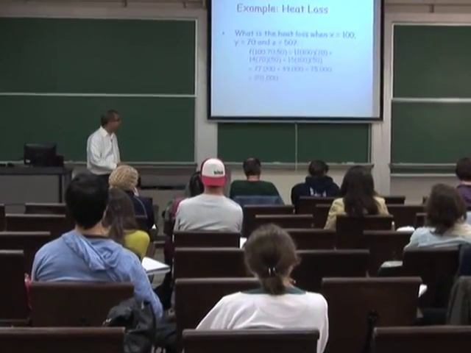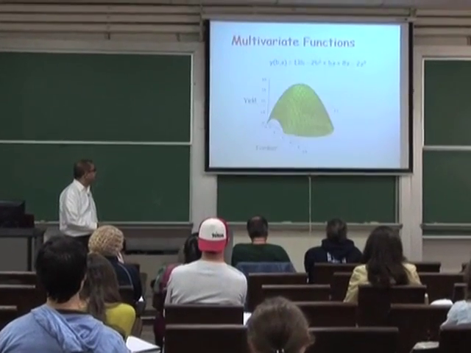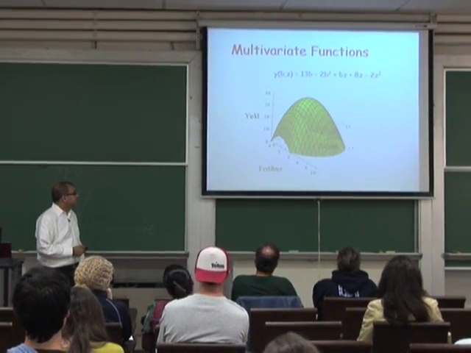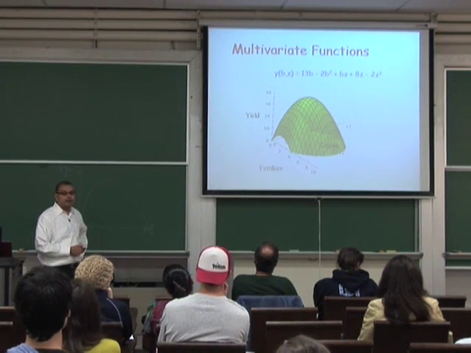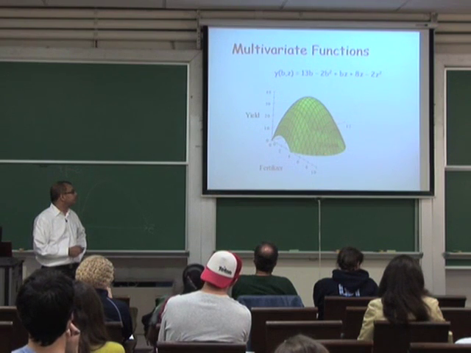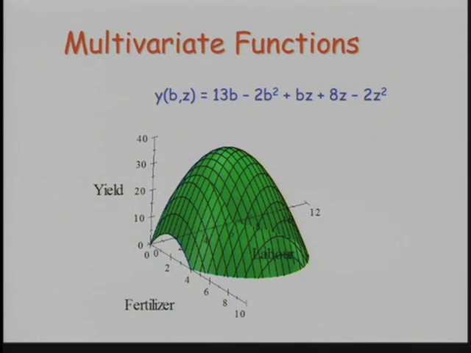Okay, so let's go back to our fertilizer and labor to yield function. This is a hill. If you were to draw a map of this hill looking down from above, what would it look like?